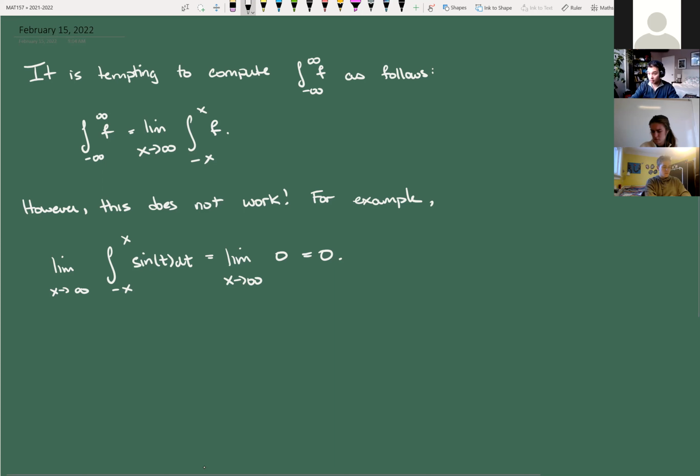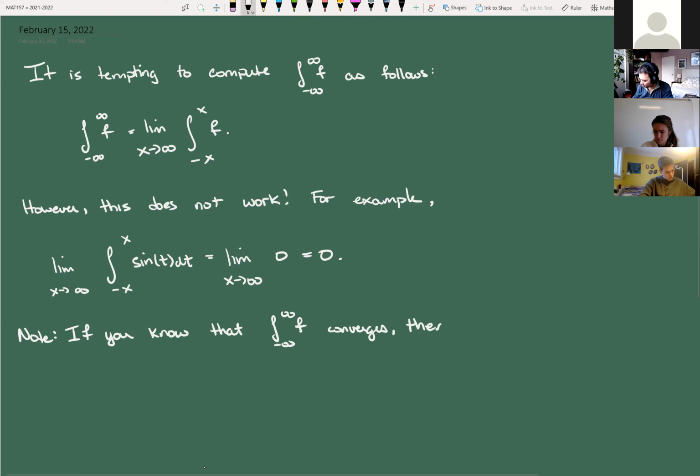This doesn't work for showing convergence. That being said, if you do know somehow that it converges, this will give you the right answer. So note, if you know that this thing exists or converges, then you can do this two-sided limit thing, right?